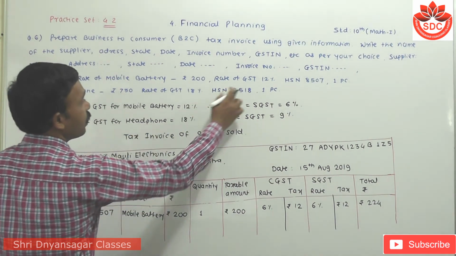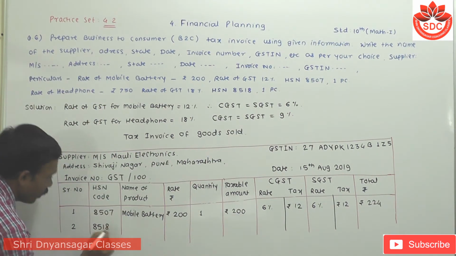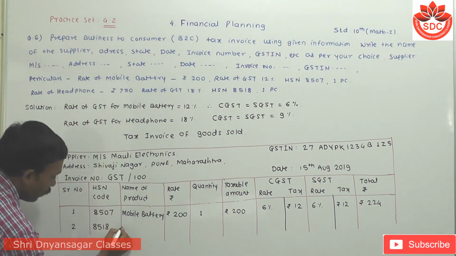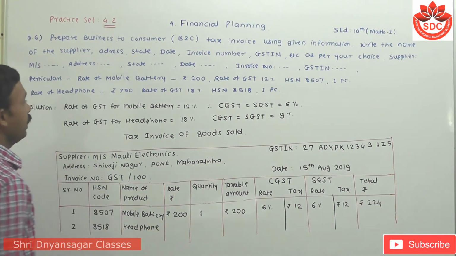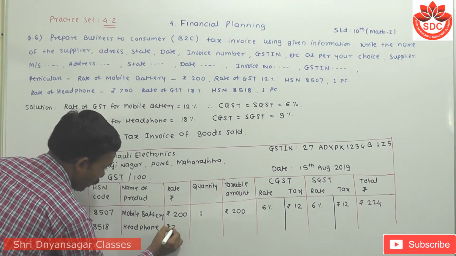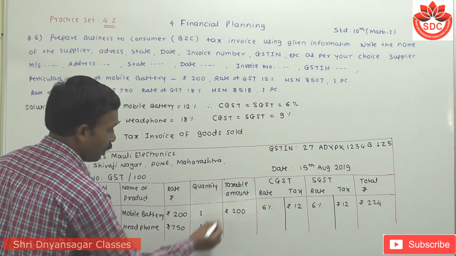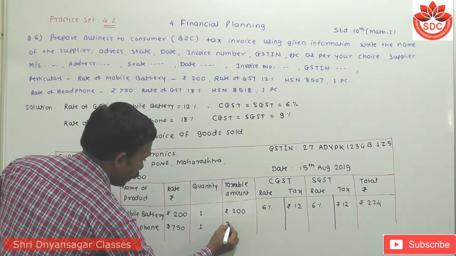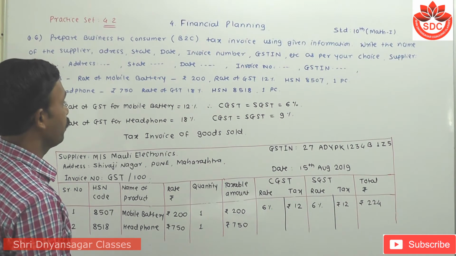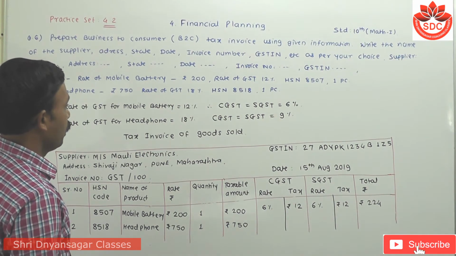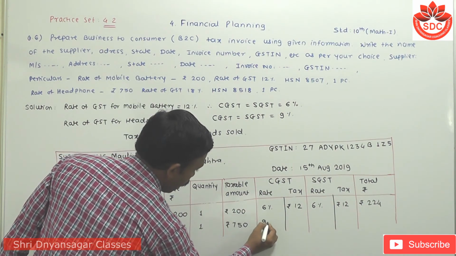Now the second one. The HSN code for this second is how much? 8518. This is the headphone. Then the amount is rupees 750. The number of packs is 1. Then the taxable amount, 1 into 750, is 750. Then CGST is how much percent? 9%.